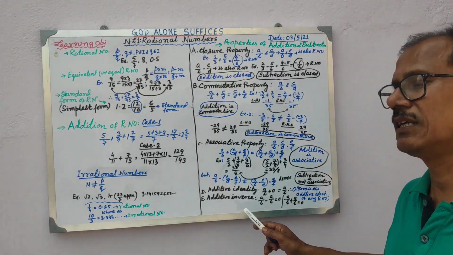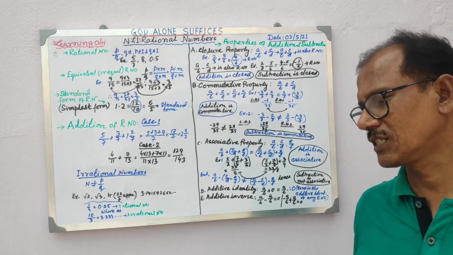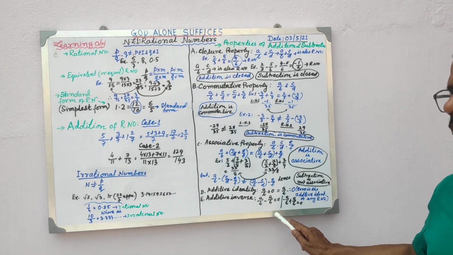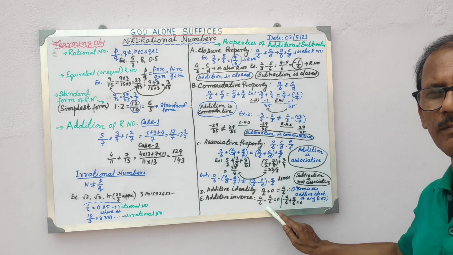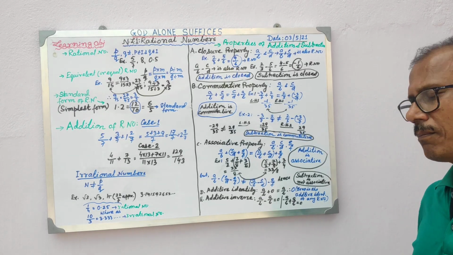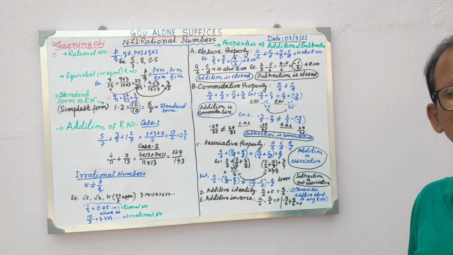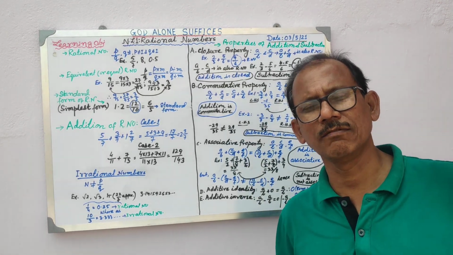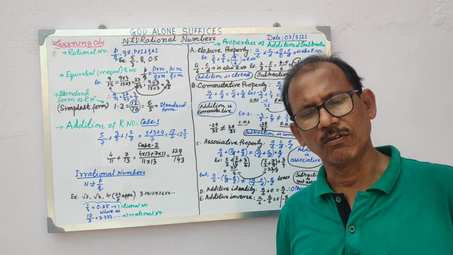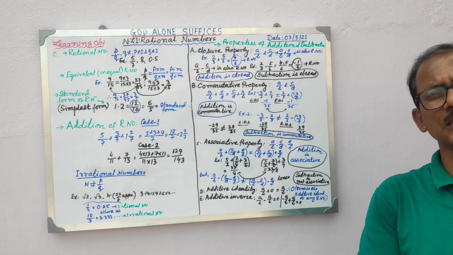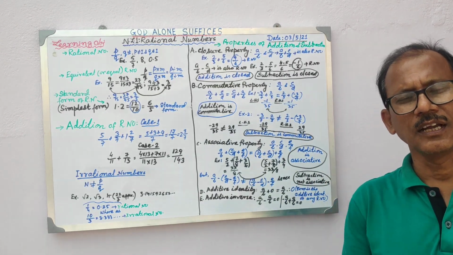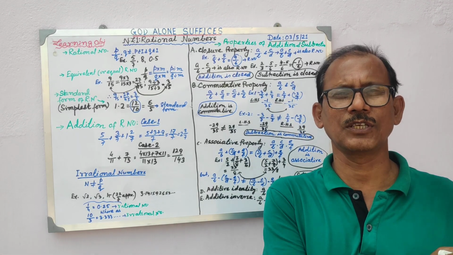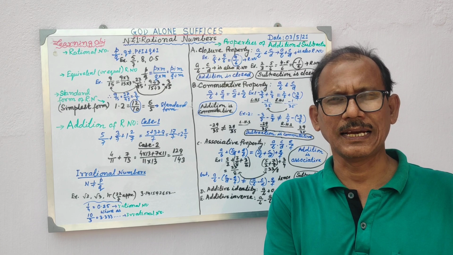That is the additive inverse. What will the additive inverse be? a by b minus a by b is the additive inverse of a by b. For minus a by b, what will be the additive inverse? Plus a by b. Could you understand me? For 2 by 5, the additive inverse is minus 2 by 5. For minus 2 by 5, the additive inverse is 2 by 5. So you add both rational numbers and find the value 0. That is how to find the additive inverse.